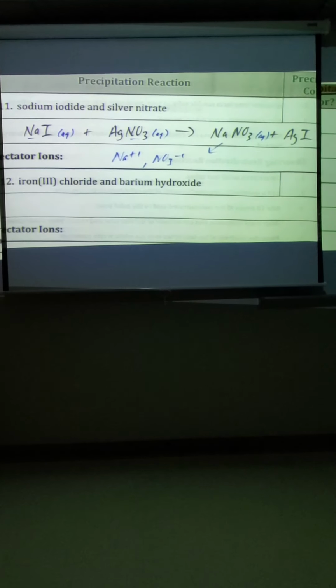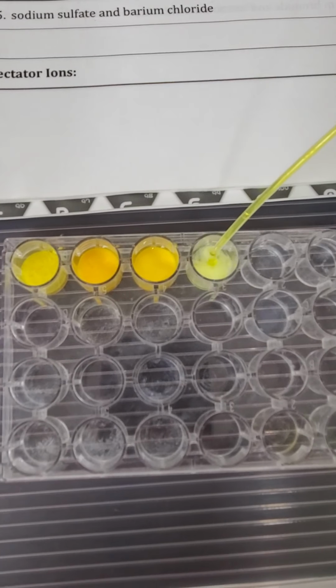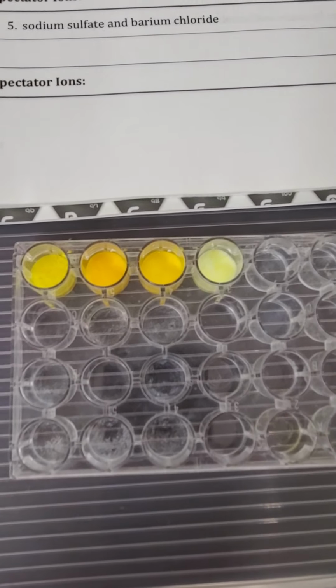Watch for observations. We're up to barium chloride. And we need potassium chromate. A little paler yellow there.